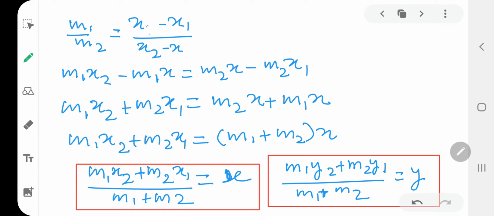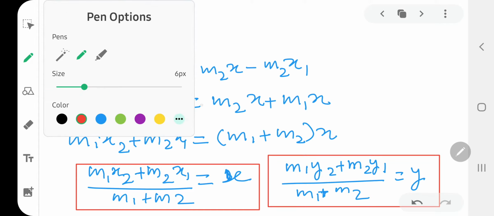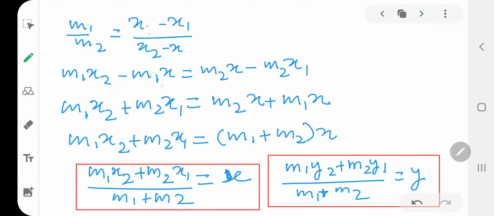Now see the terms that have x in them. The terms that contain x, I'll take to the other side, and all the other terms I'll take to the left hand side. Now children, I'll take x common, and this side we are left with m1 plus m2 times x.